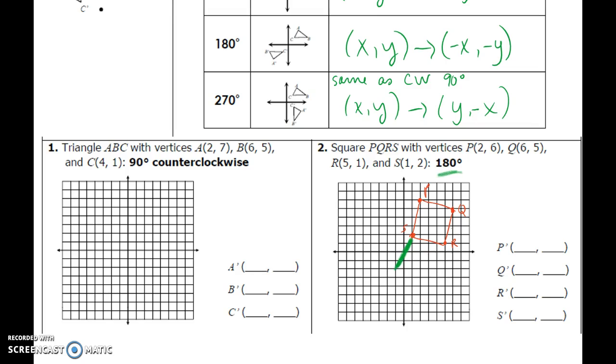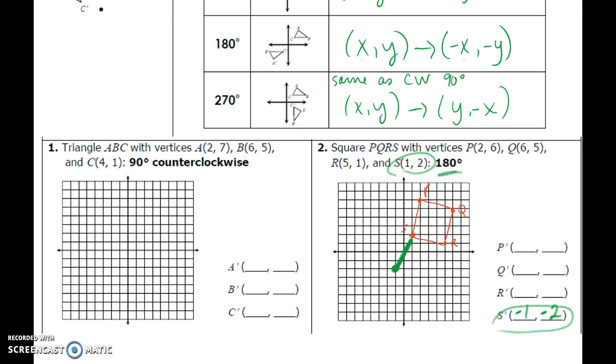There's my 180 degrees, guys. Remember, 180 degrees is a straight line. So S is going to shoot right here. Now, algebraically, where did that S end up? Well, it ended up at -1, -2. Does that follow the rule from above? Did xy turn into -x, -y? Well, S was this, and now it is this. So did it work? Yes, it worked.